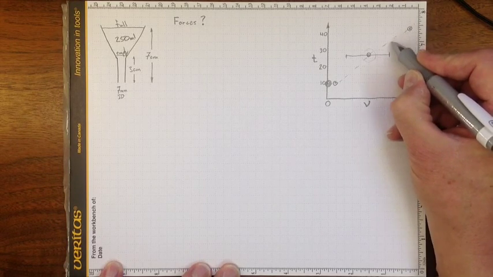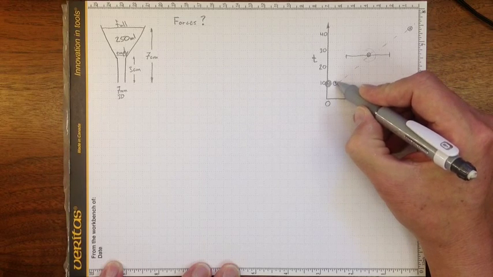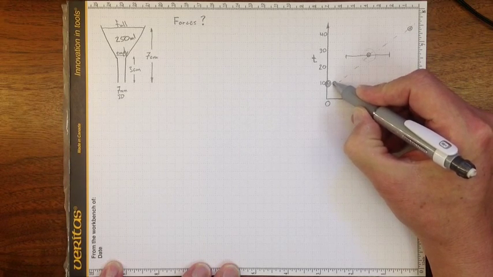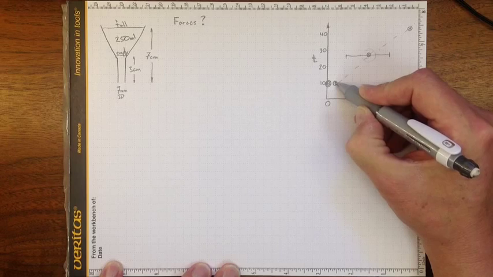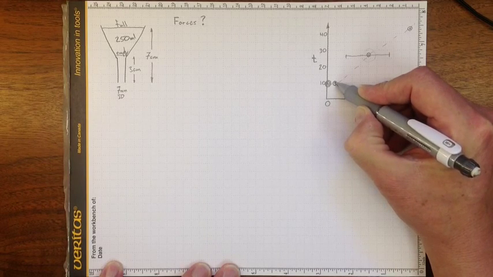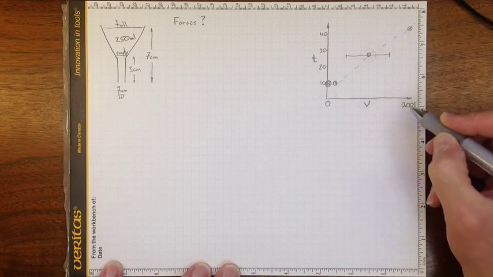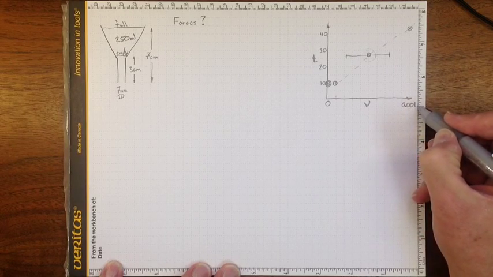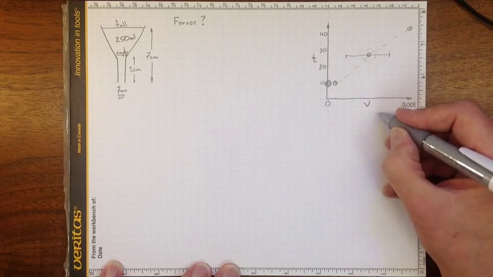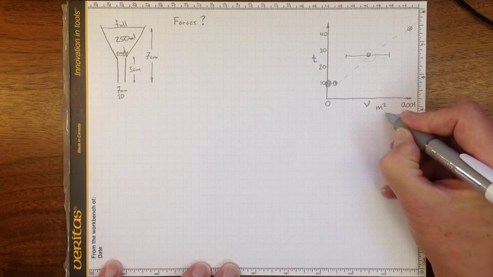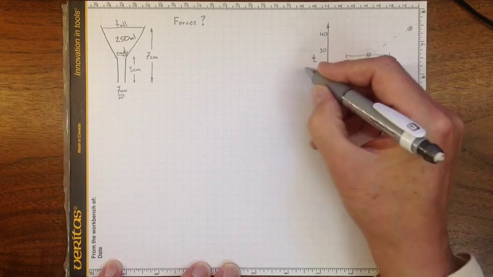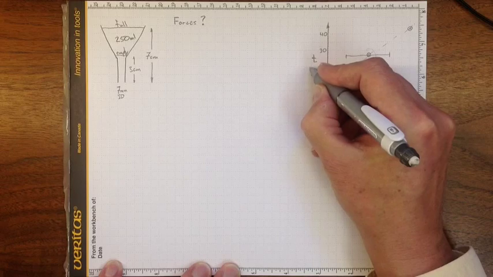One thing to notice is, as we come down to this point here, this point is canola oil. It took 10 seconds to come out of the funnel. It's got a viscosity of around 0.0001 meters squared per second, and this is time in seconds.